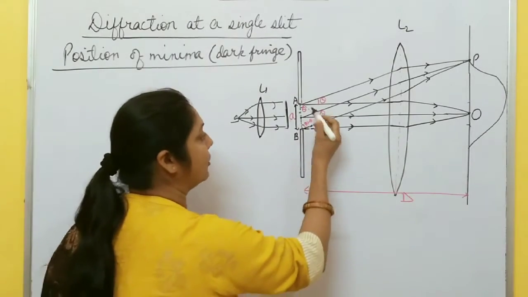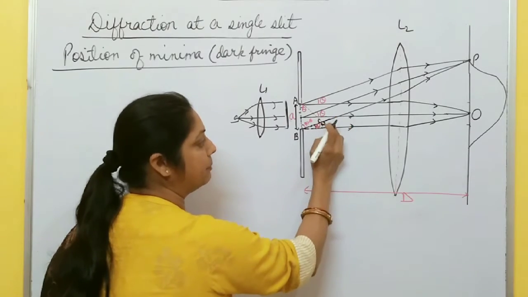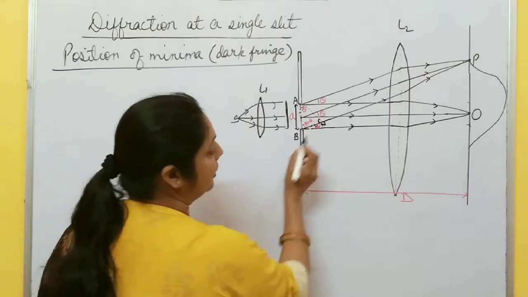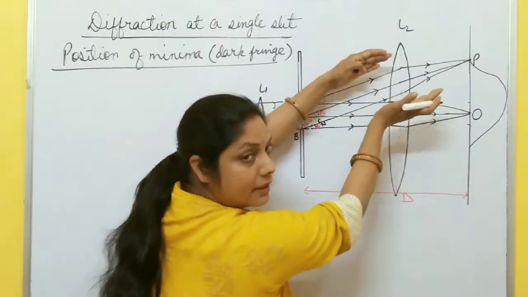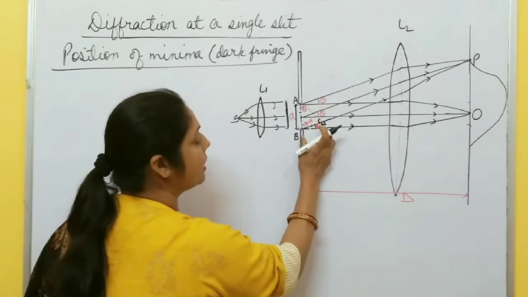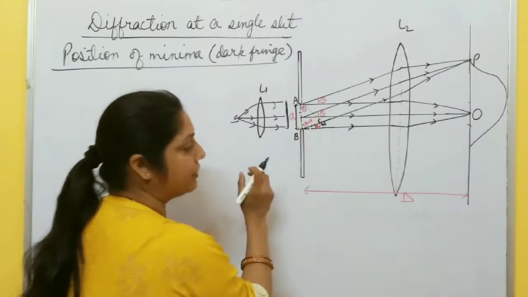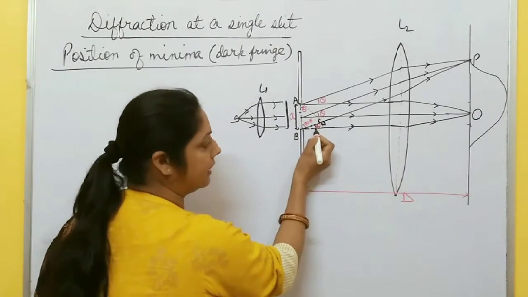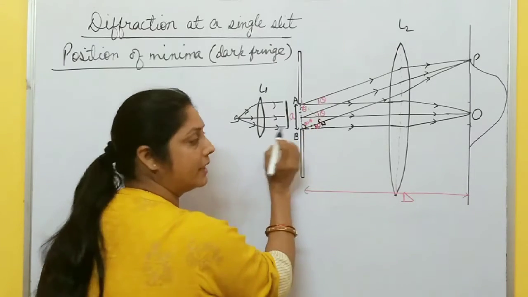To calculate that, draw a perpendicular from A to the path BP at point N. So this becomes 90 degrees. Now you observe that after N and A, both paths are the same. So the path difference is only BN. Now you have to calculate that. This angle is theta and this one is 90 degrees, so this becomes 90 minus theta.